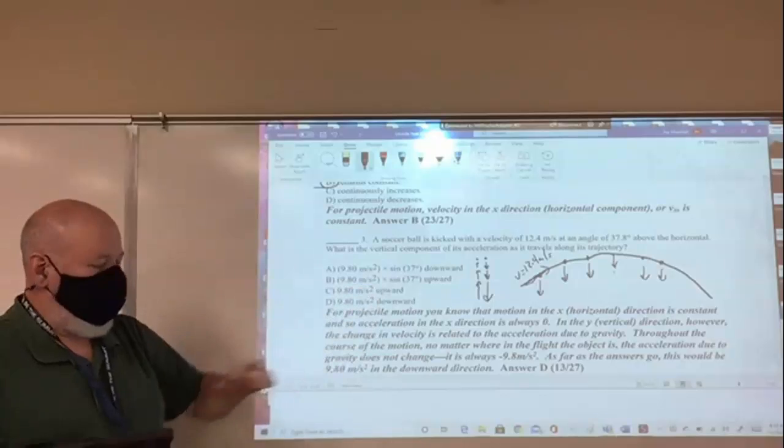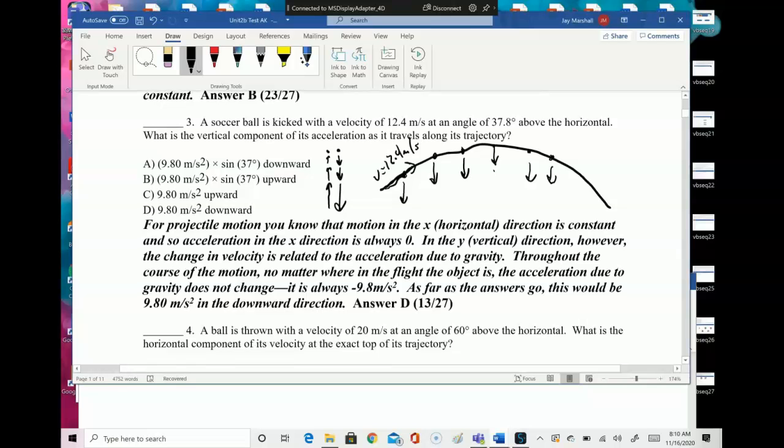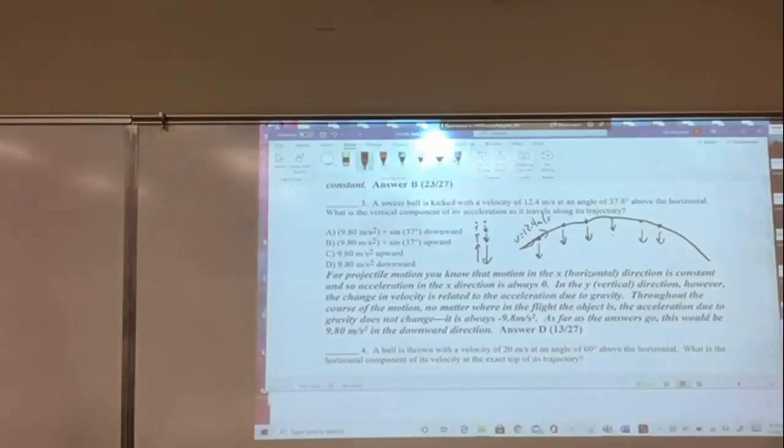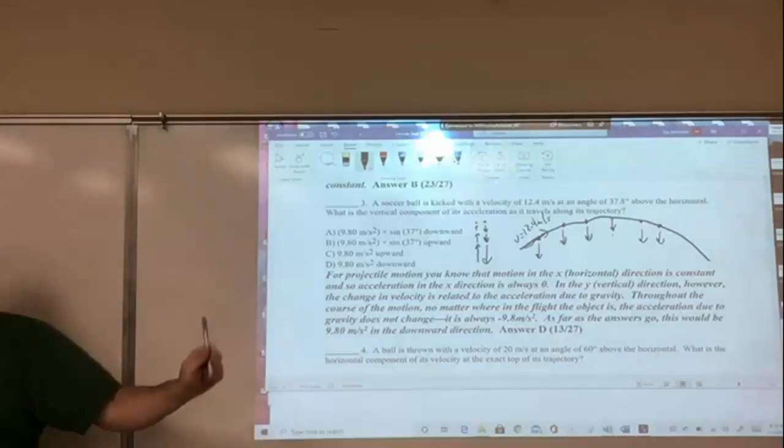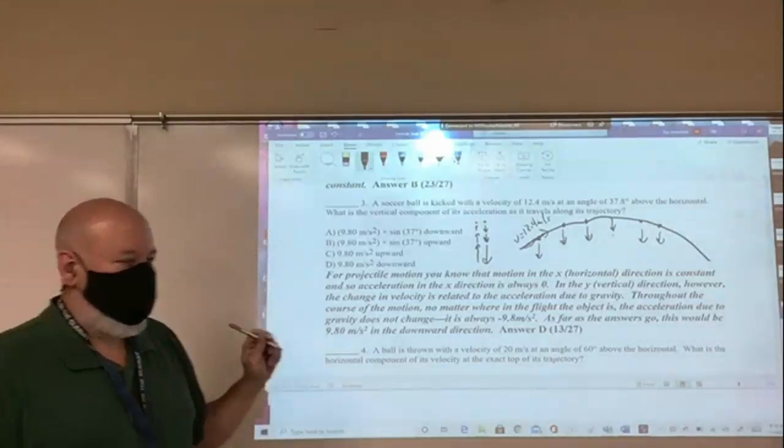A lot of people miss this, even if they understand it. Even if conceptually they kind of understand it, a lot of people will see this angle of 37.8 degrees and think that I have to have the sine in there, okay? The acceleration due to gravity is always straight down, period. Never not, right?